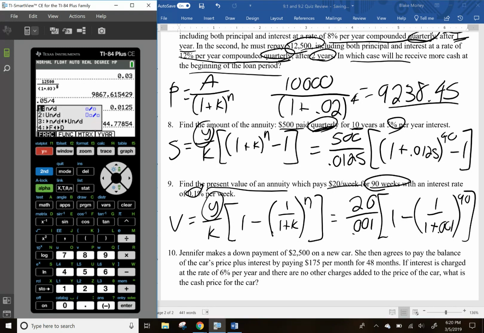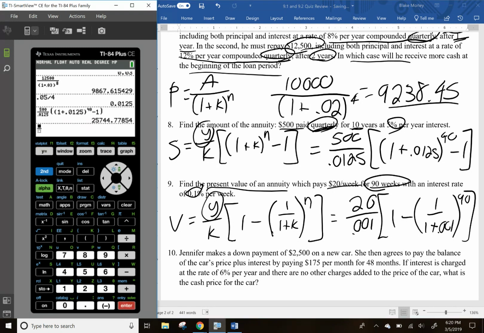So alpha y equals, we're going to type in 20 over 0.001, open parentheses, have 1 minus, open parenthesis again, go back to alpha y equals because I have to type in another fraction. So it'd be 1 on top and then 1 plus 0.001 on the bottom.